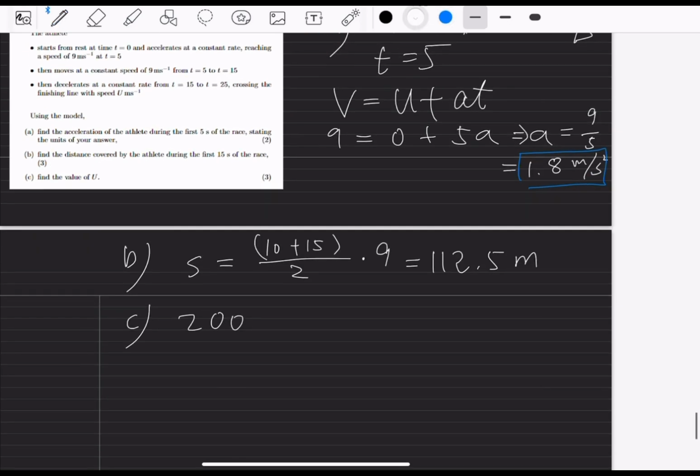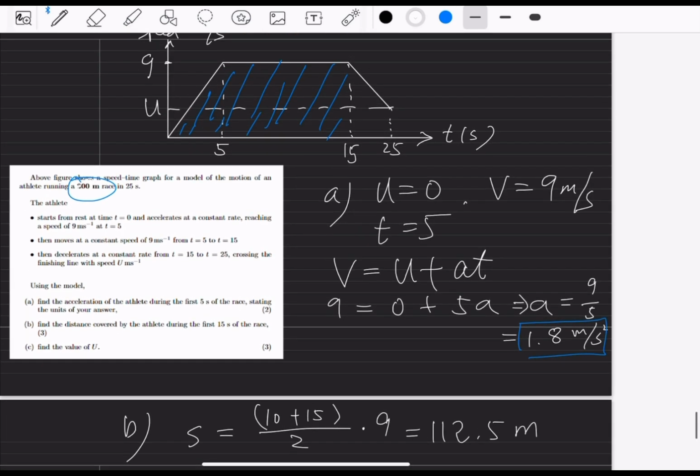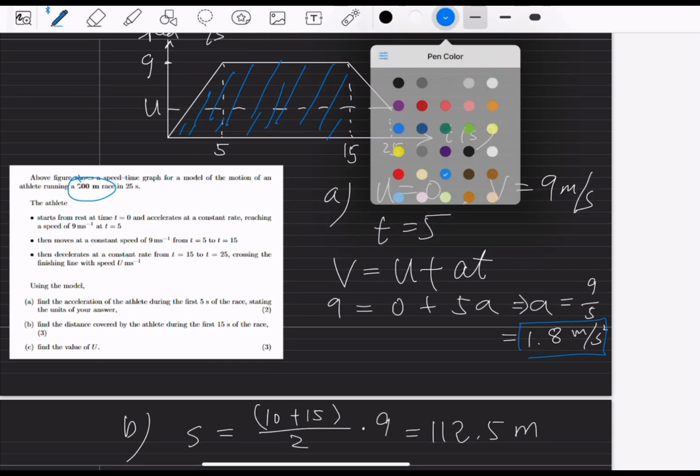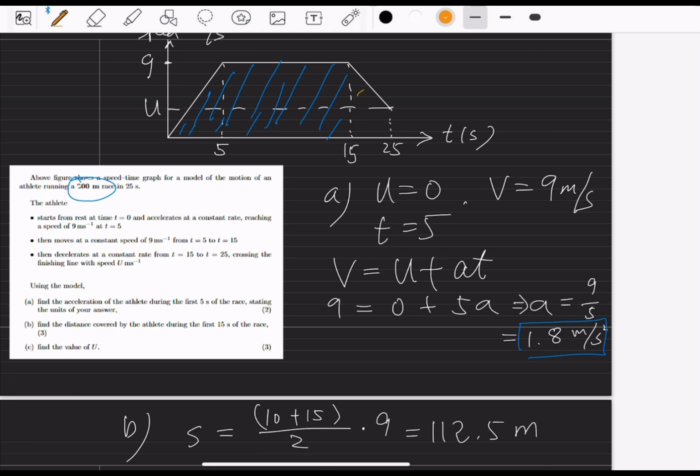Take away the distance already covered, which gives us 87.5 meters. That is the distance in this trapezium.